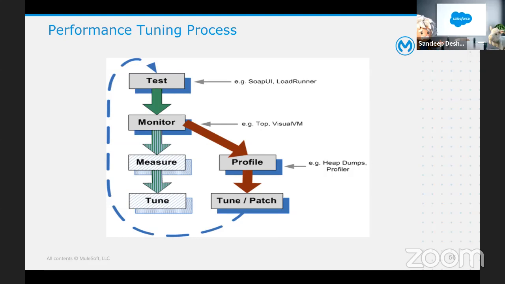Then we have the top command, so we can see the top consuming threads. And then we have heap dumps. We have a support collector process which can help you get the heap dumps, and using memory analyzer tools, you can check what's wrong with your memory or which component in your application is taking a lot of time to process.